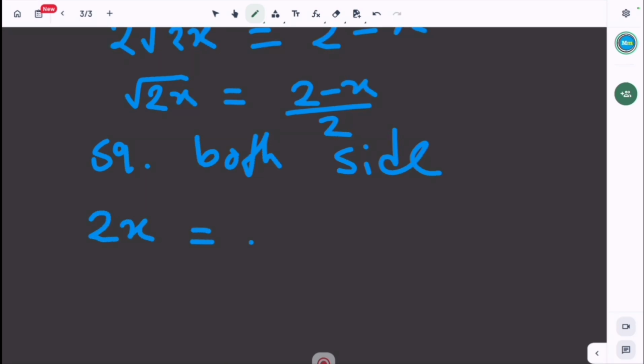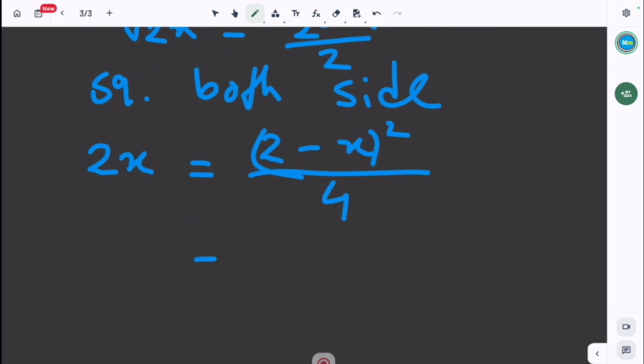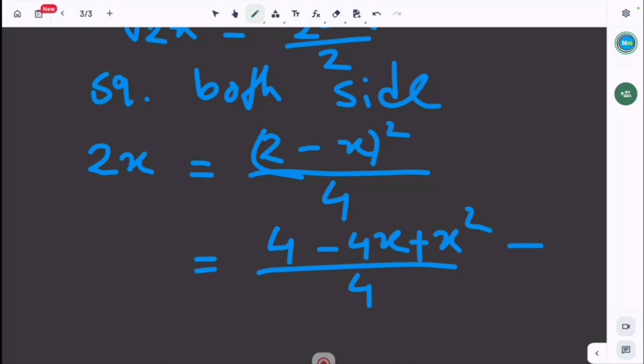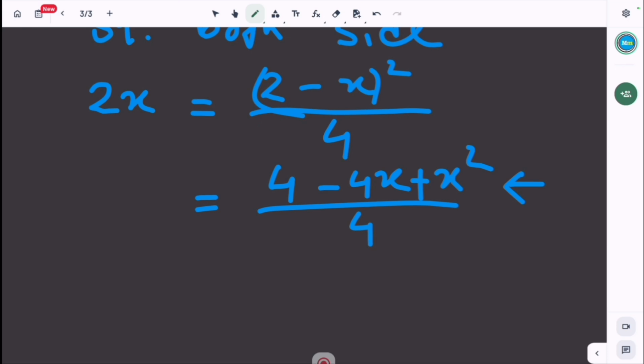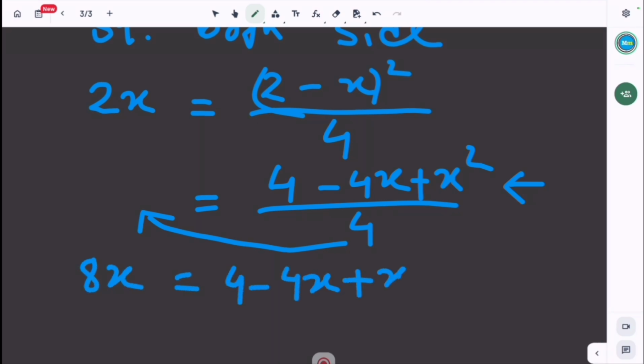2x equals 2 minus x whole square divided by 4, equals 4 minus 4x plus x square by 4. So see here, it is a quadratic equation, so it has two solutions. So this 4 goes to here, and 8x equals 4 minus 4x plus x square.